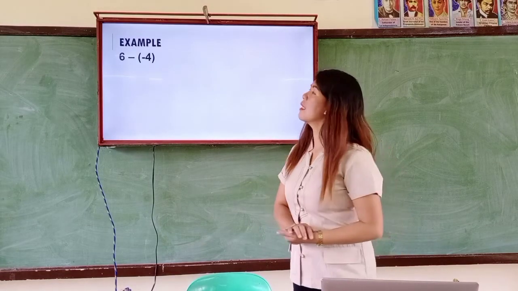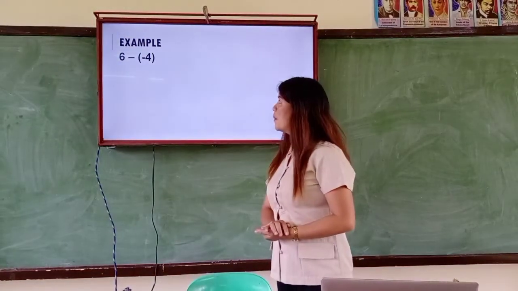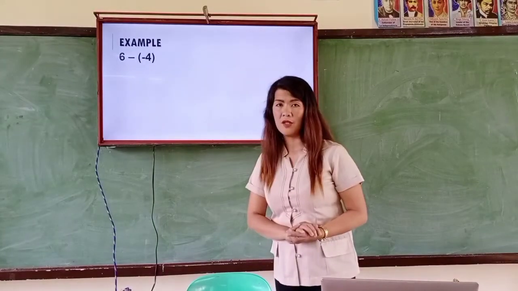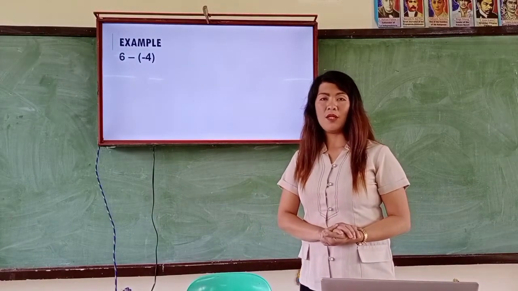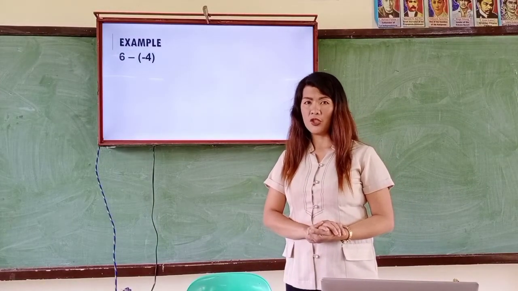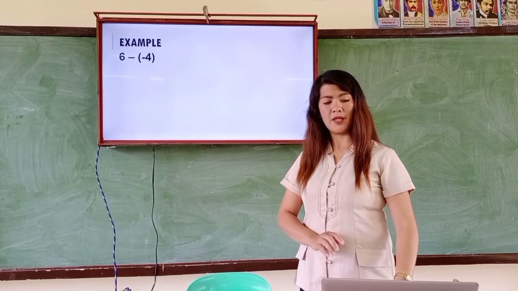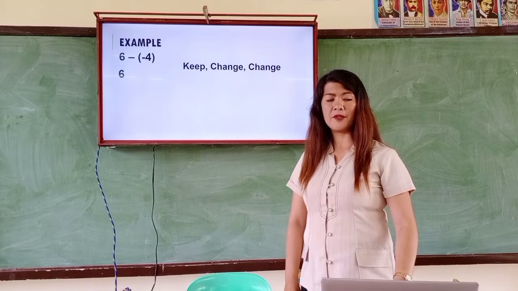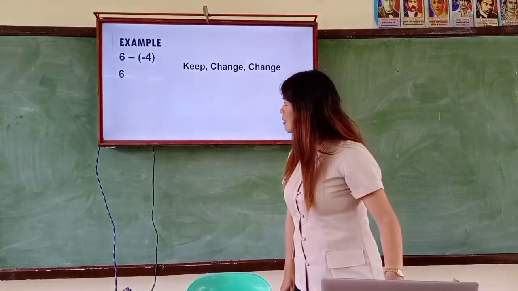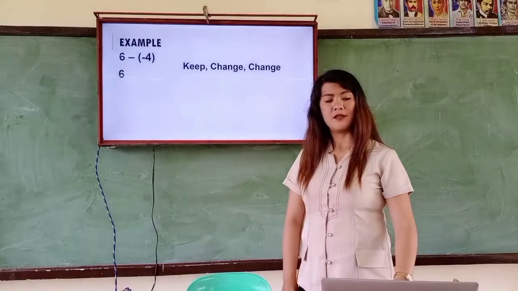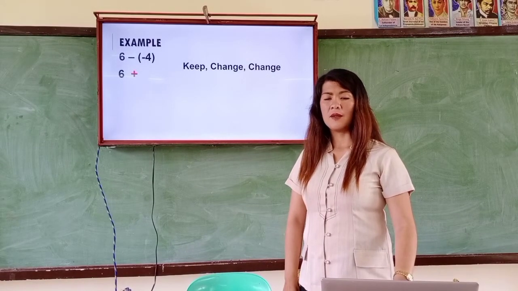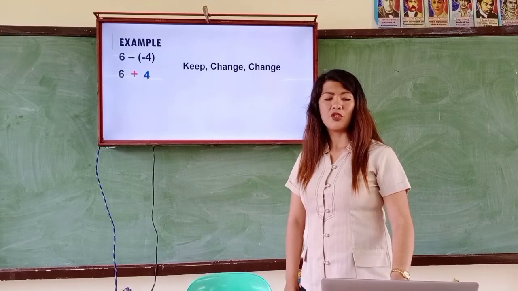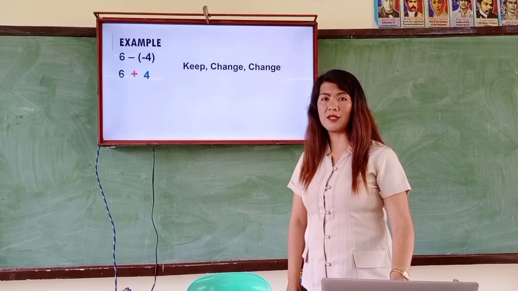Example. Okay. Positive 6 minus negative 4. Since this is subtraction, the rule is keep, change, change. Keep the first integer, which is 6, as is. Then change minus to plus. Then change negative 4 to positive 4.